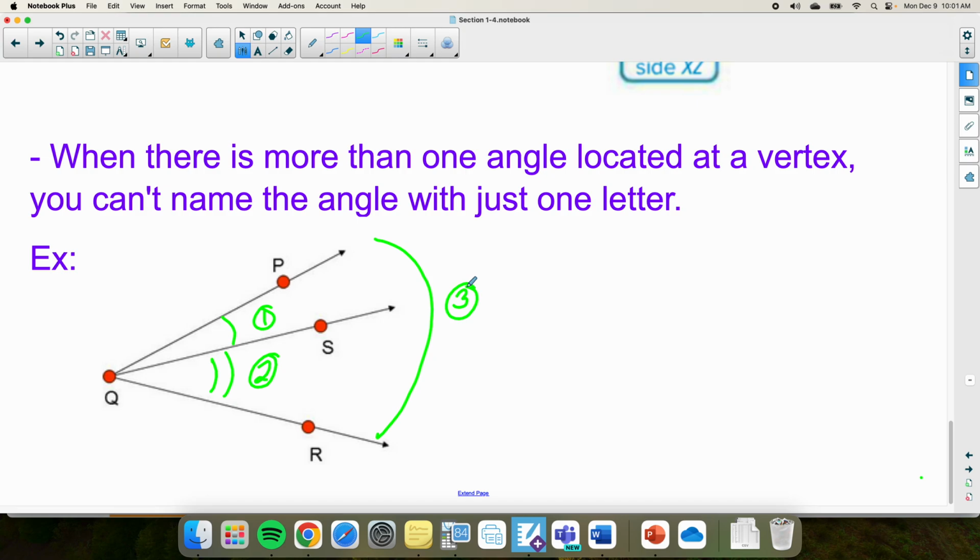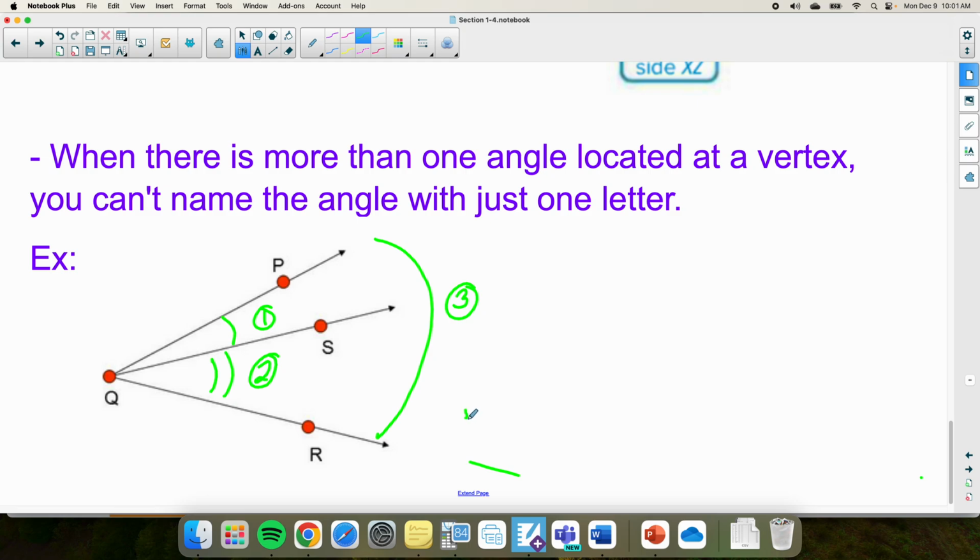Now, those angles aren't drawn in there, so I can't call it just angle 1. When you don't know which angle you have, and you have a vertex that has more than one angle drawn from it, you have to use 3 letters.